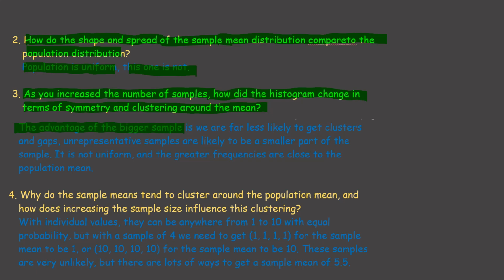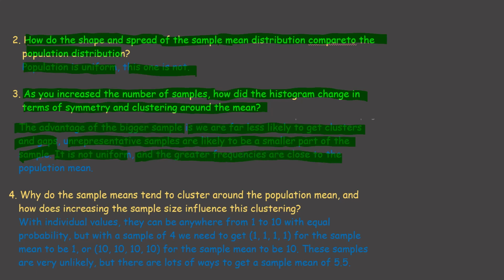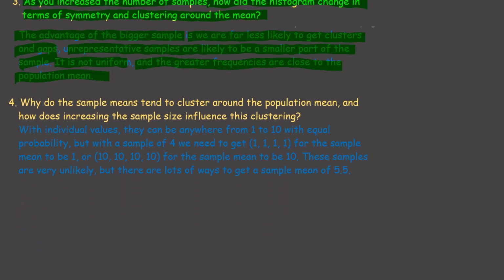So the advantage of the bigger sample is we are far less likely to get clusters and gaps. Unrepresentative samples are likely to be a smaller part of the sample. When we only did 6, if we'd got a couple of really unrepresentative ones, it would have really affected our results. It is not uniform, and the greater frequencies are close to the population mean. I pointed that out when we had the table.